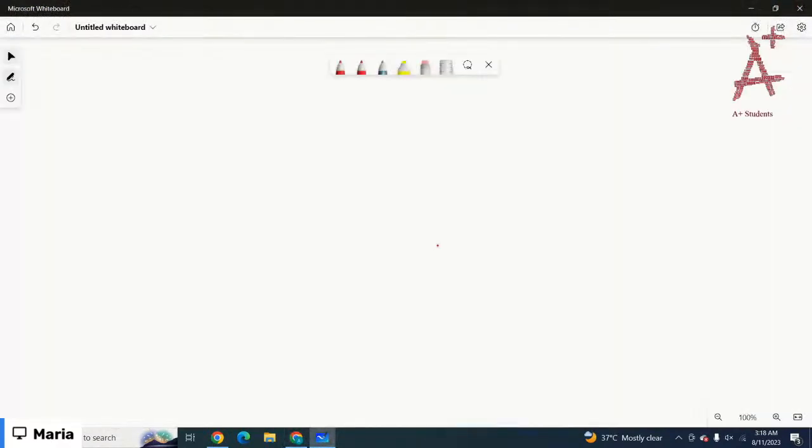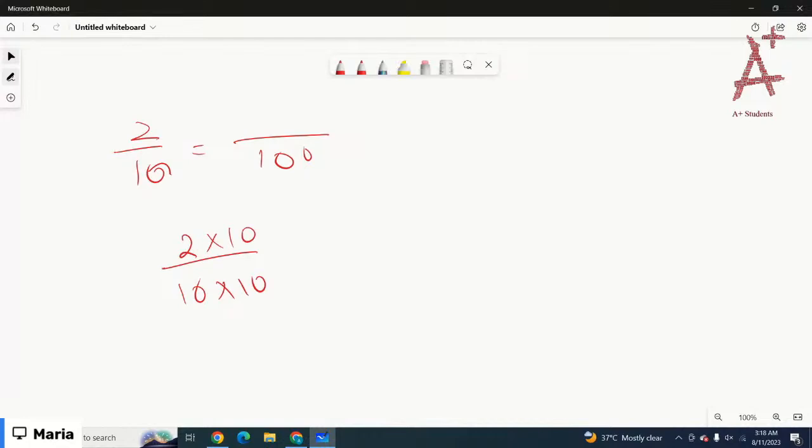You can see here the denominator is 10. 10 times what number makes 100? 10 times 10 makes 100. So you have to multiply the numerator and denominator of the fraction by 10. 10 times 2 is 20, and 10 times 10 is 100. So 2 over 10 and 20 over 100 are the equivalent fractions.